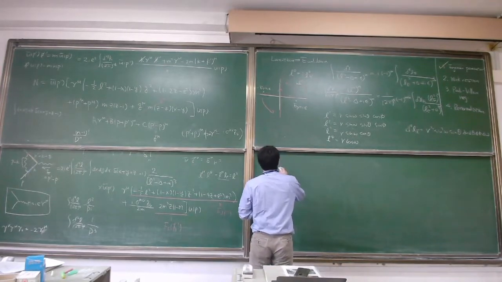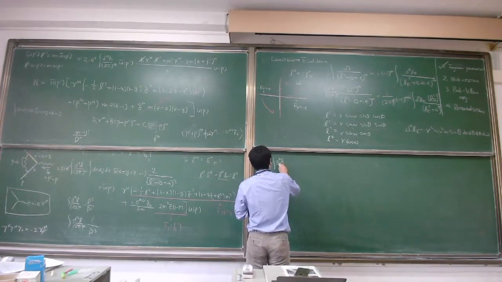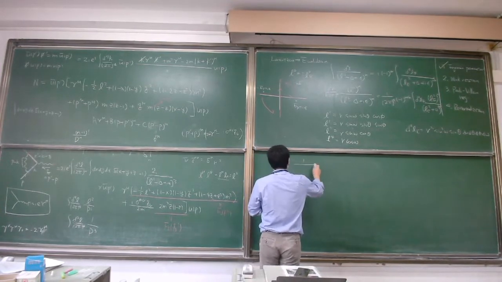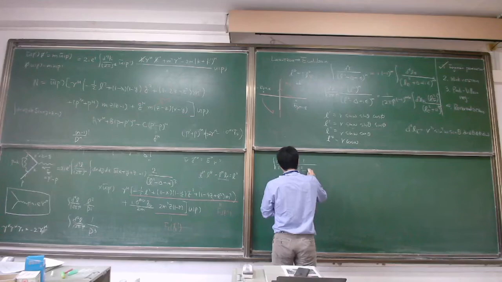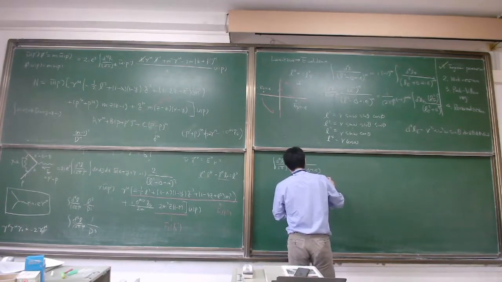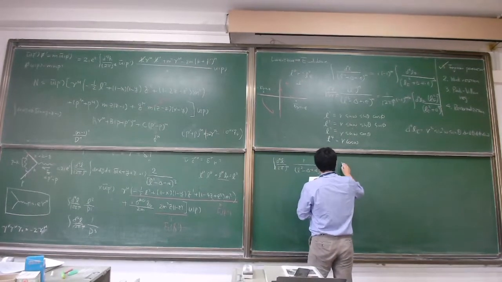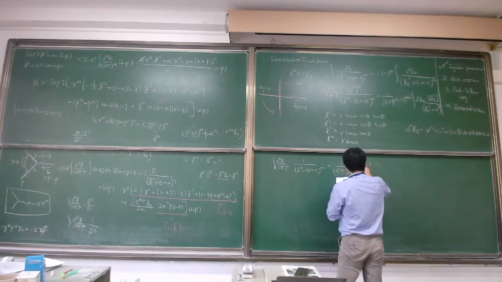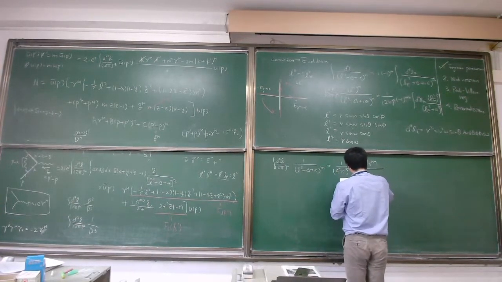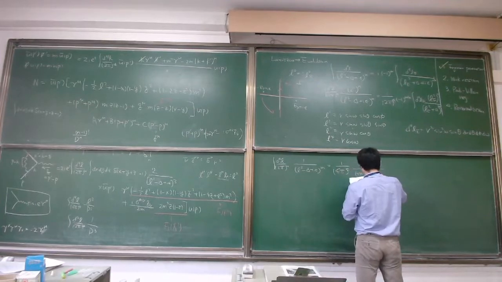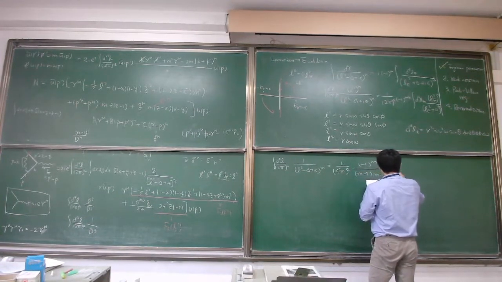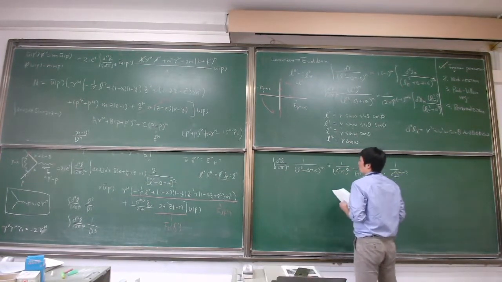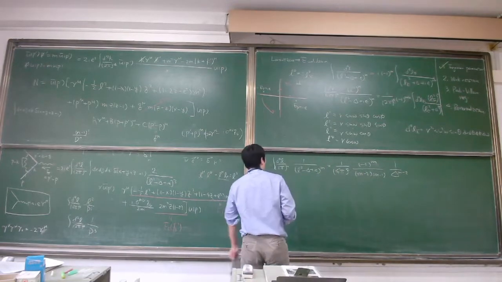So if you use this Wick rotation, in the lecture notes I wrote down all the derivation. I just give you the result. We are interested in the m equals 3 case.